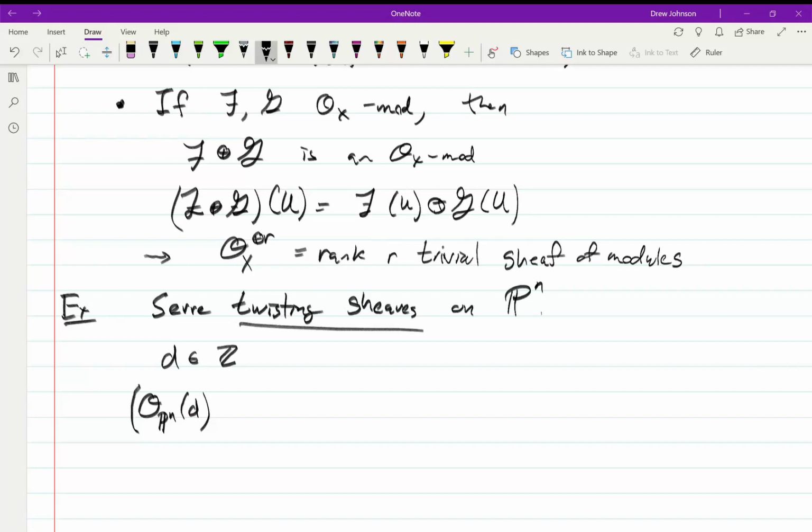All right, so to define the sheaf, we need to tell you what the sections are on an open subset U. So here are the sections.